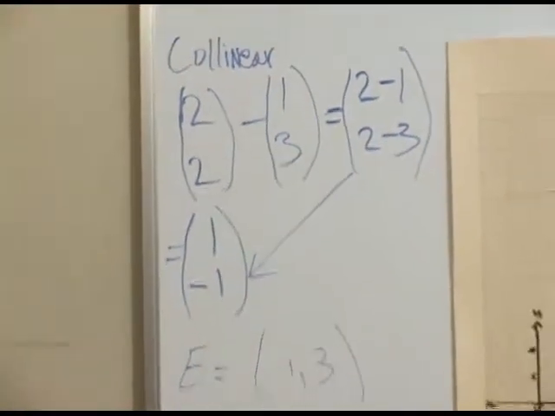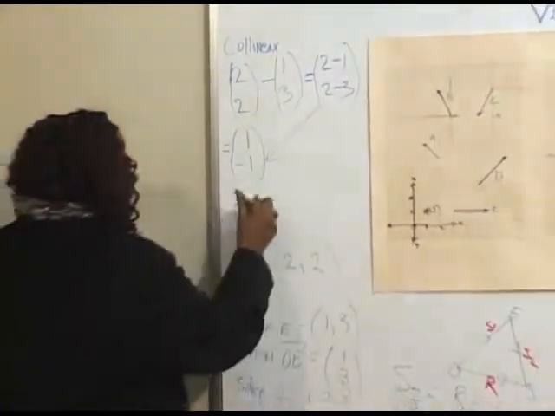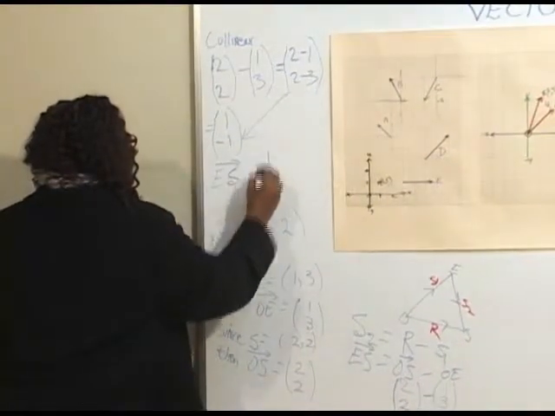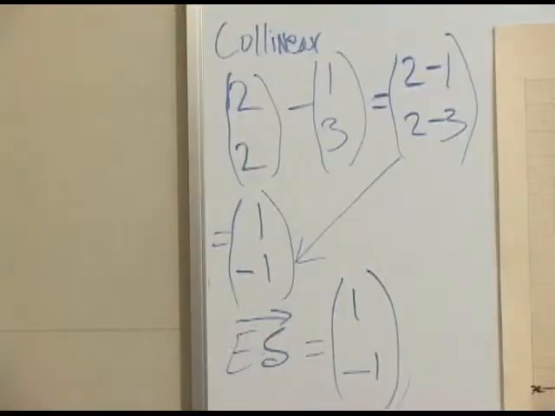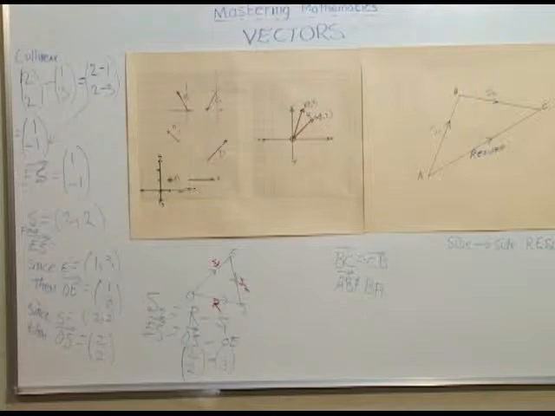So therefore, we can say that our ES, the vector ES, is equal to 1, negative 1. And that is how we use our triangular law to solve for any of the sides, or if it were a resultant we had to find.